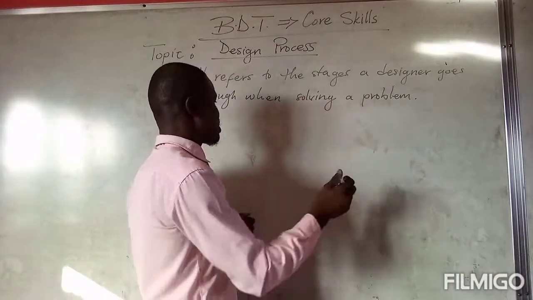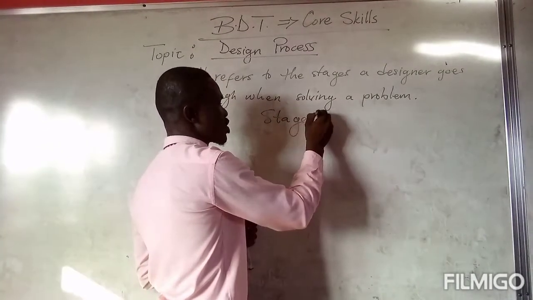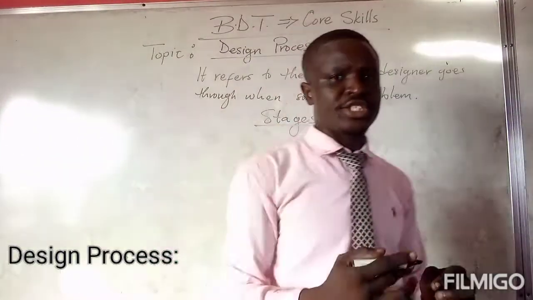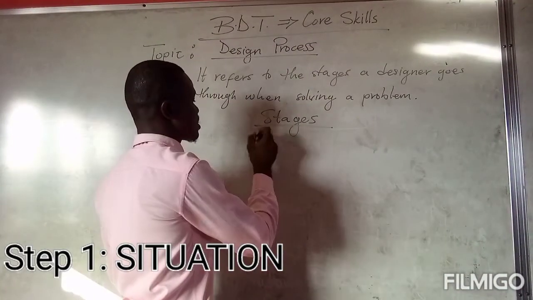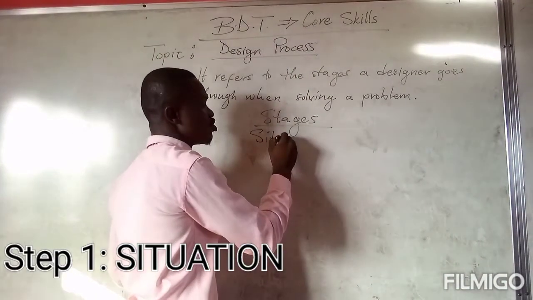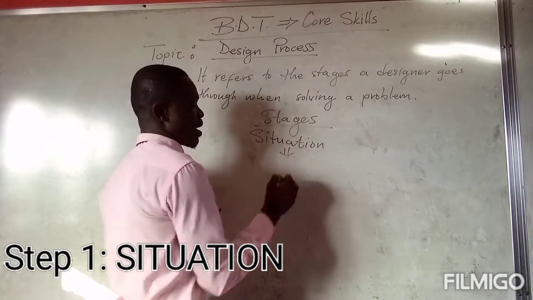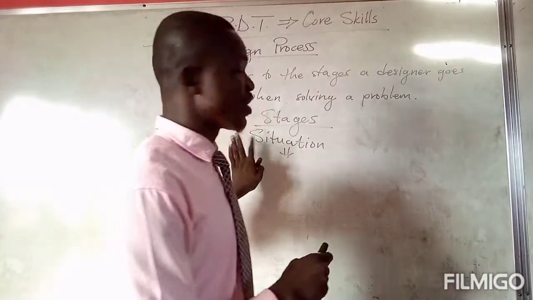So some of the stages, as a designer, when we invite you to come and solve a problem, the first stage that you are going to identify is what we term as what? Situation. You should be able to know the problem. So the very problem in the existing environment is what we call situation.